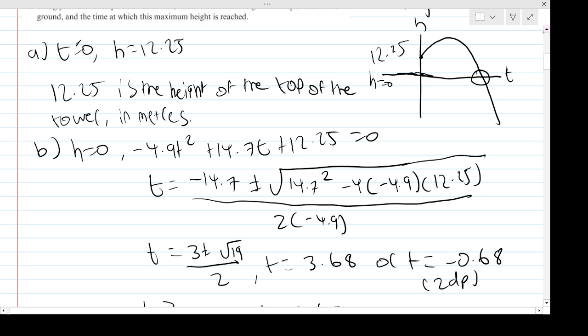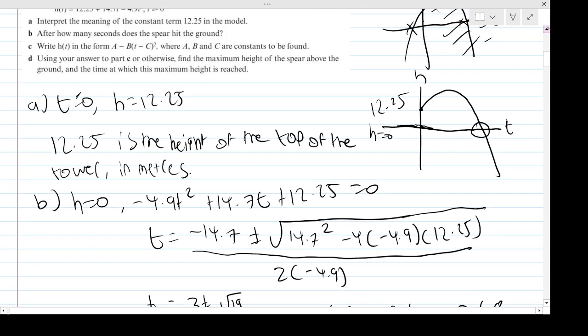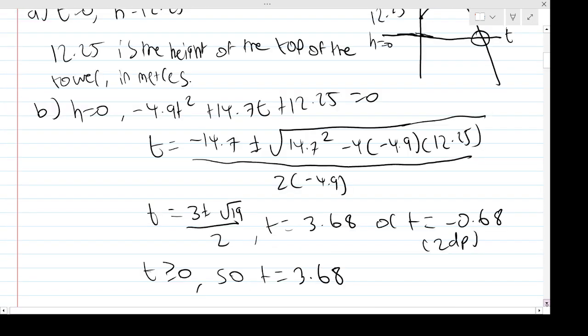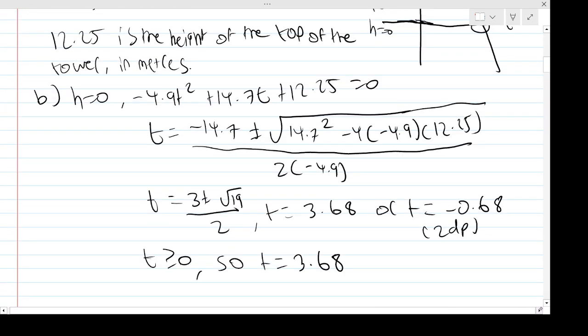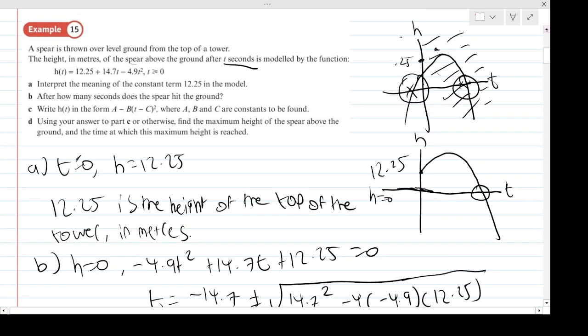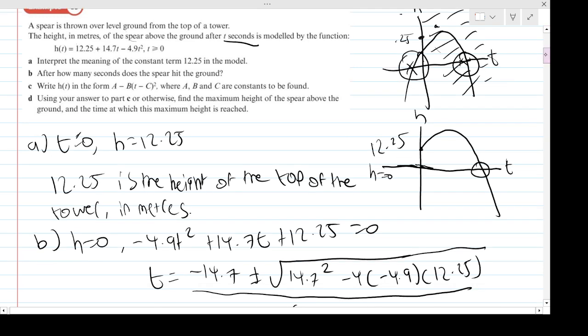Because if we look back to the graph we sketched here, we had when it crosses the t-axis on the negative, and when it crosses the t-axis on the positive. So it makes sense we get a negative and a positive, but in this case, we only have the positive answer. So that's our answer. So t is 3.68, and t is specifically in seconds, so that'd be 3.68 seconds.